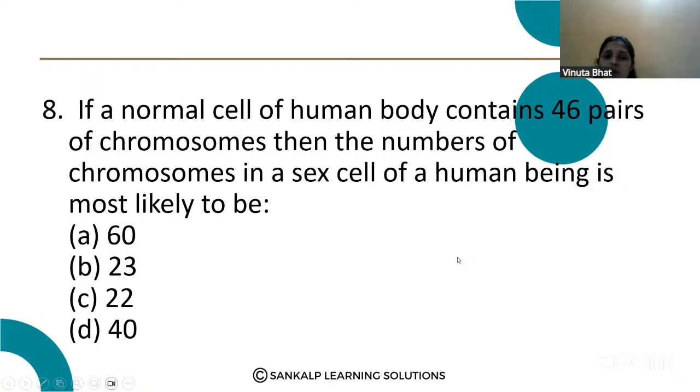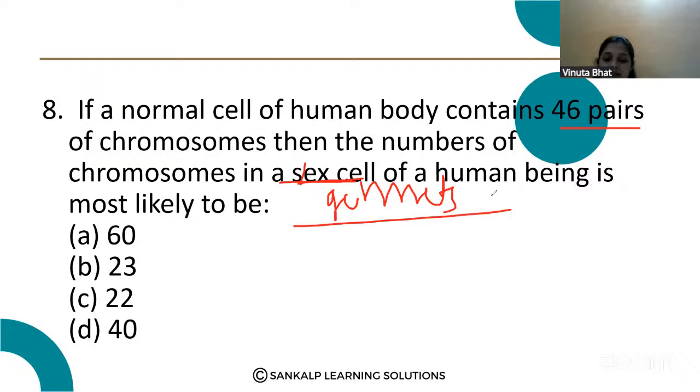Next question. If a normal cell of the human body contains 46 chromosomes, then the number of chromosomes in a sex cell of a human being is most likely to be. Here, the number of chromosomes in the sex cell, or you can take it as the gamete, in the male gamete or in the female gamete.